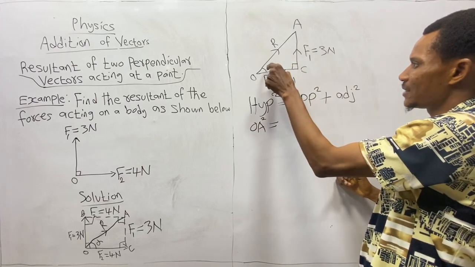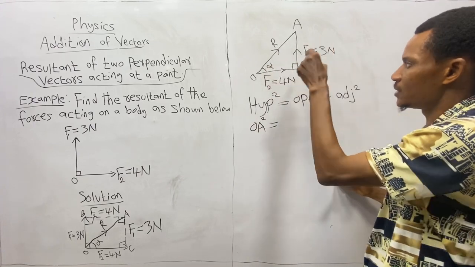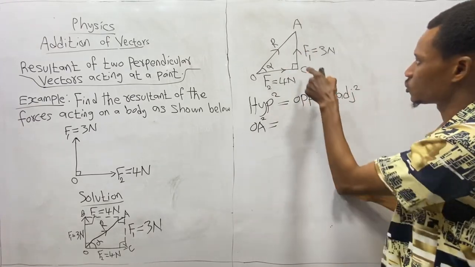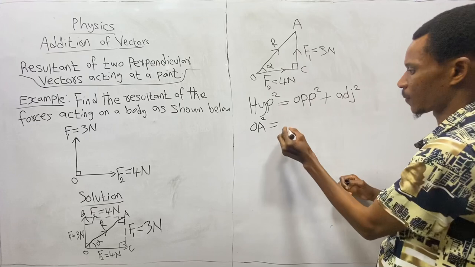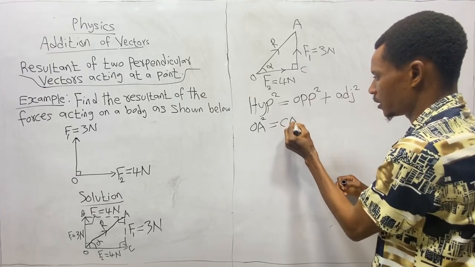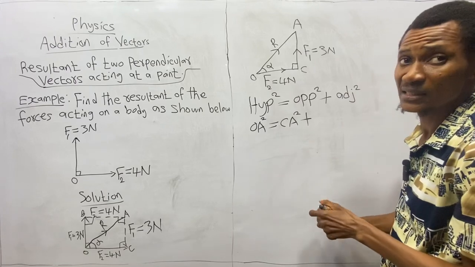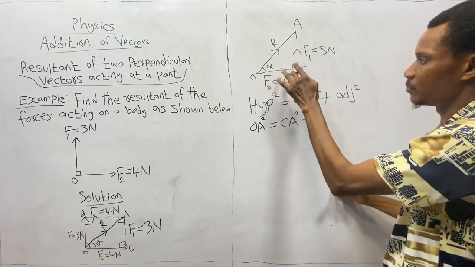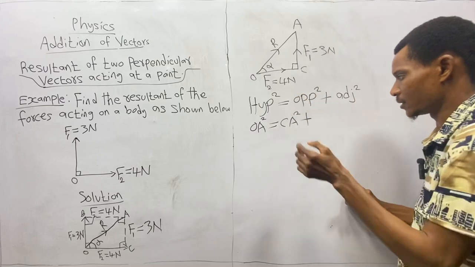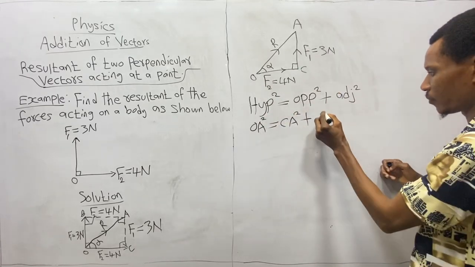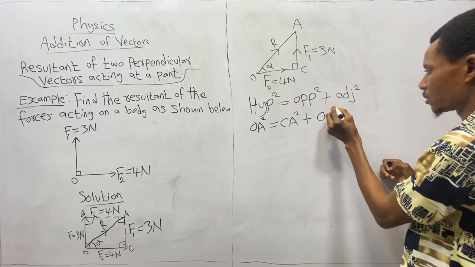So the side that this angle is facing is the opposite. So your opposite is your what? CA. CA squared plus, automatically the last side becomes the adjacent. So the adjacent is now what? OC. So now I have OC squared.